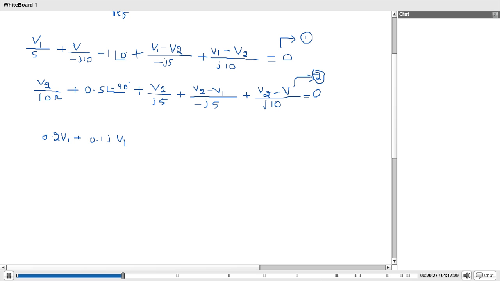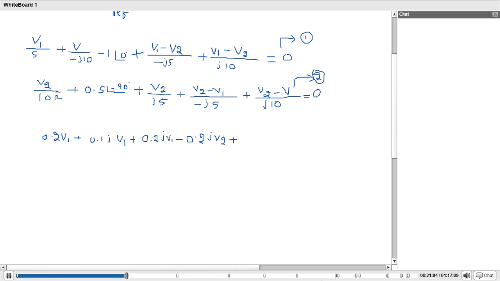V1, and here minus 1 by j is plus j, 1 by 5 is 0.2, so 0.2 j V1 I am separating, and similarly minus 0.2 j V2. Plus, so here 1 by j is there, so minus j. If it comes in the numerator, 1 by j is nothing but minus j.